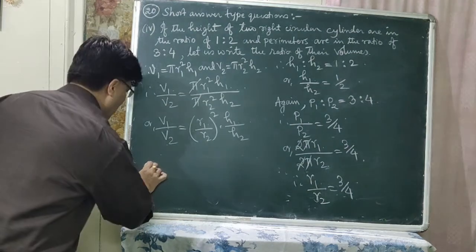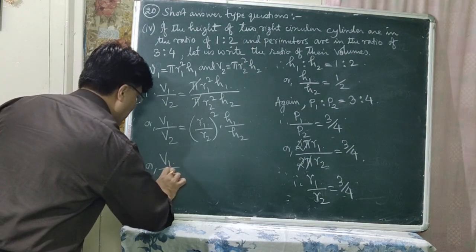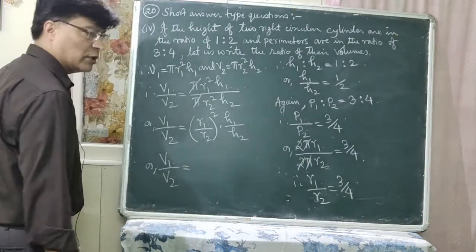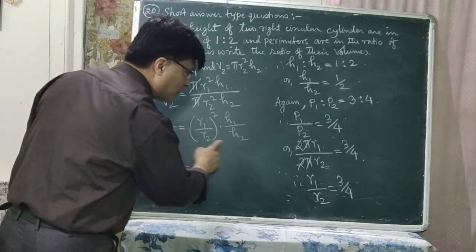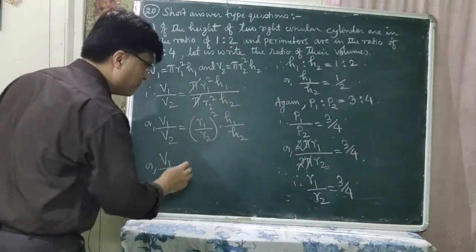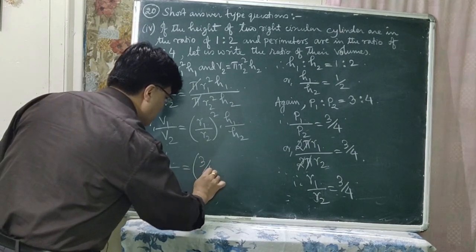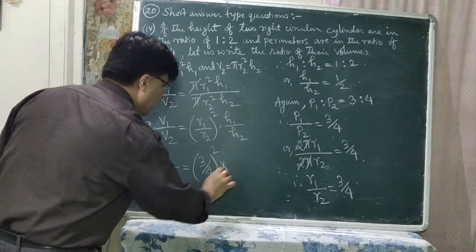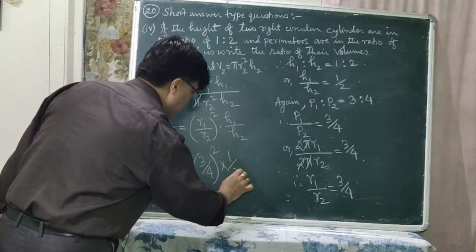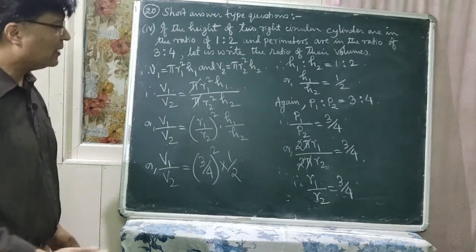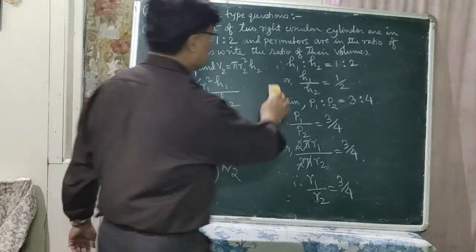What is r1 upon r2? It is 3 by 4. So this is 3 by 4 whole square into h1 upon h2, which is half. Let us calculate it.